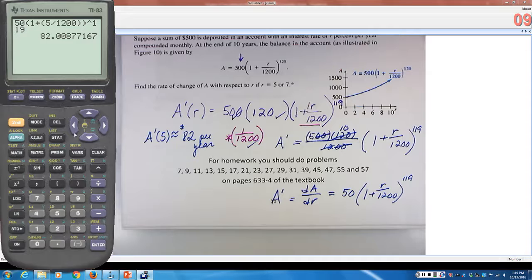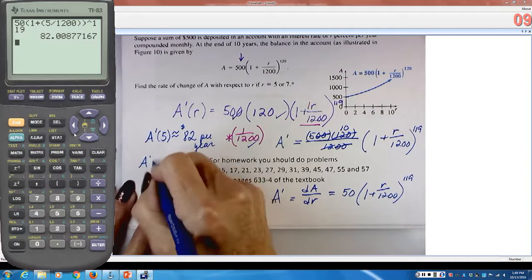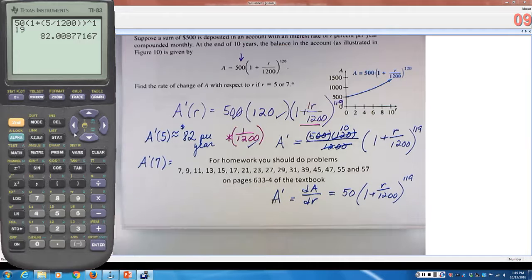Okay? That's how the amount, the principal, and what I guess we would normally call the future value, because that's what it would be at that time, 5 years in the future. And then A prime of 7 would be similar, except we'll substitute 7 instead of 5.